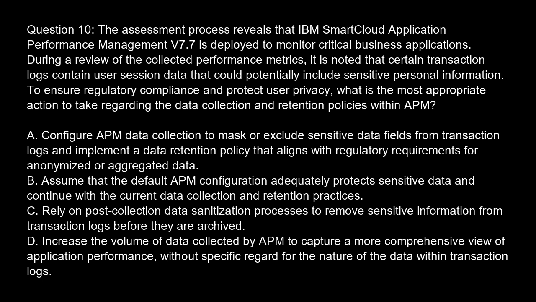Option C. Rely on post-collection data sanitization processes to remove sensitive information from transaction logs before they are archived. Option D. Increase the volume of data collected by APM to capture a more comprehensive view of application performance, without specific regard for the nature of the data within transaction logs.